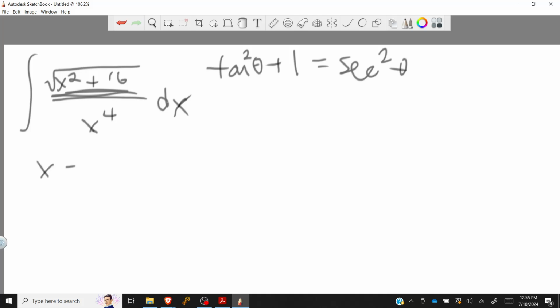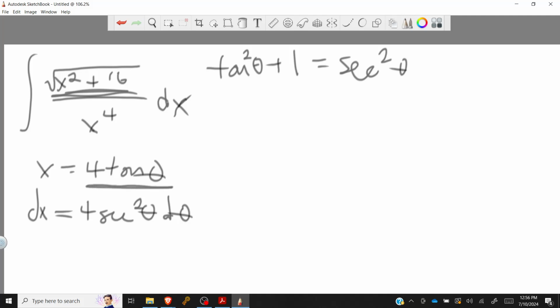So I'm going to have my x equal 4 tan theta, and dx is going to equal 4 secant squared theta. And I'm choosing 4 here because when I square it, it's going to say 16 tan squared plus 16, and that's going to look very similar to that.